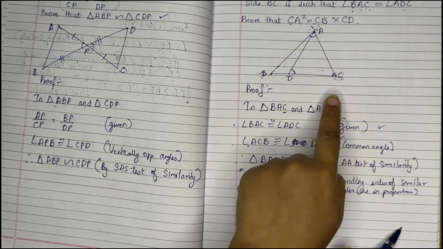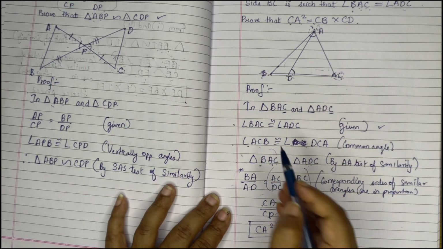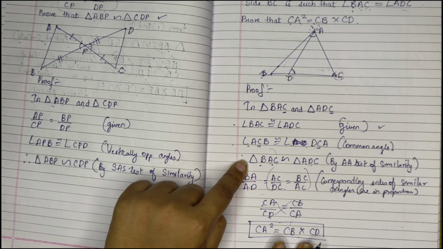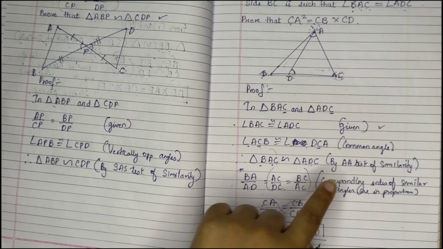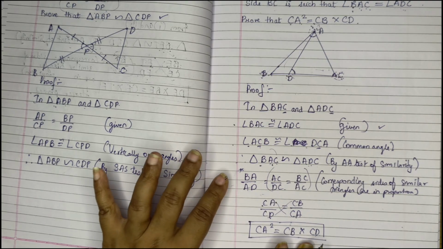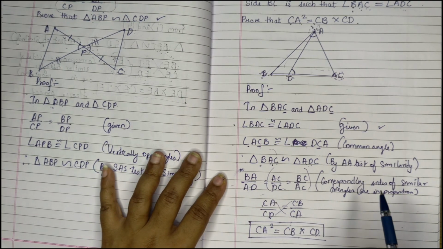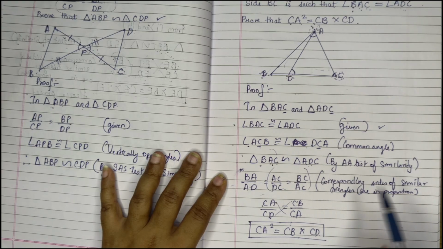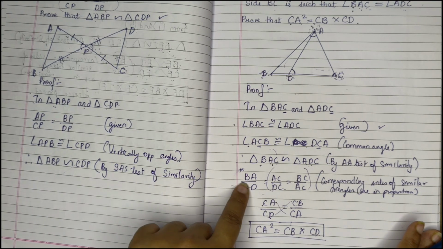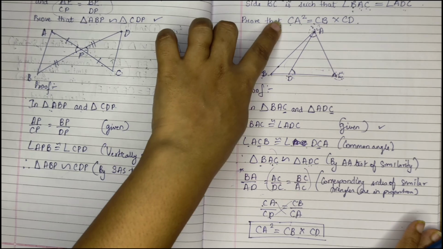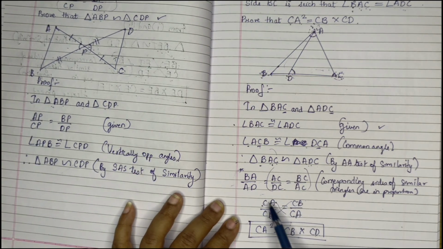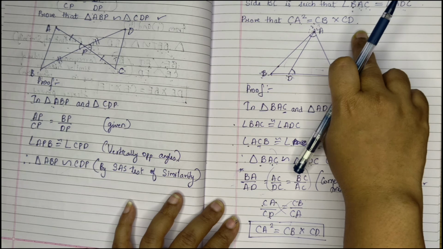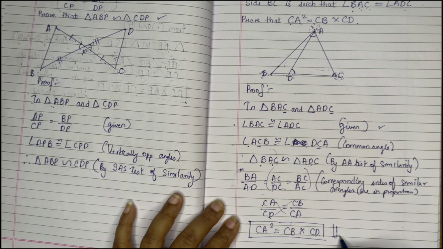Then you say that they are similar by AA test of similarity. After proving that, we write the corresponding sides. The side that is not required, I did not write. Then we cross multiply, and after cross multiplying, you will get what we had to prove. So we can say, hence proved.